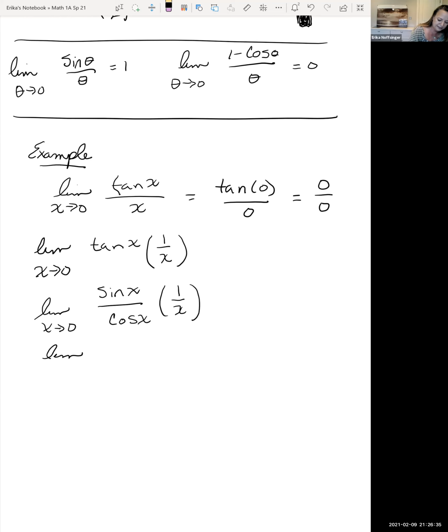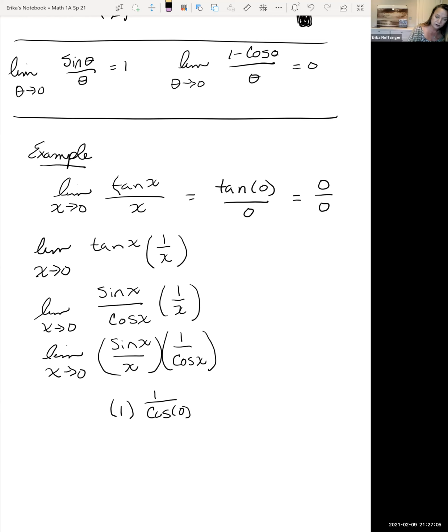That's the same thing as sine x over x, times 1 over cosine of x. We can look at the limit of the first piece times the limit of the second piece. The limit of the first piece is 1, times 1 over cosine of 0. Cosine of 0 is 1, so this is 1 times 1, which is equal to 1.